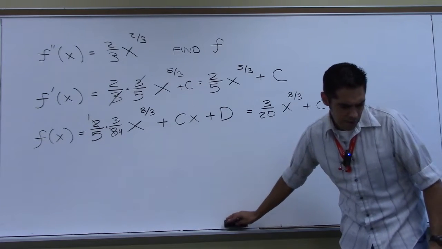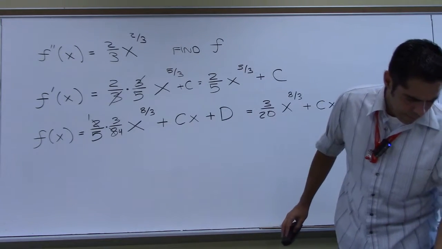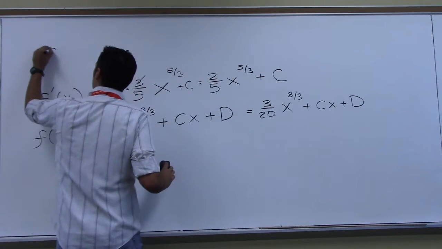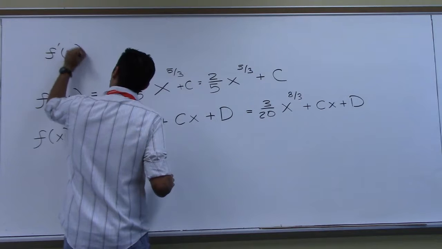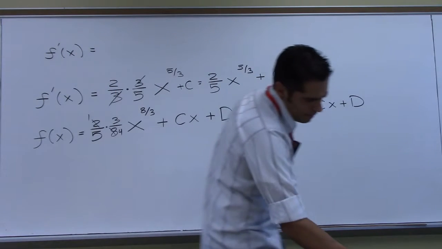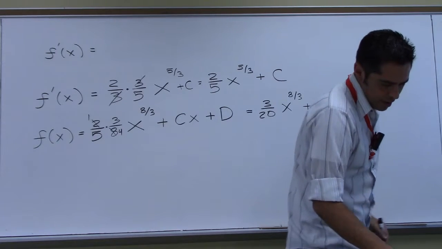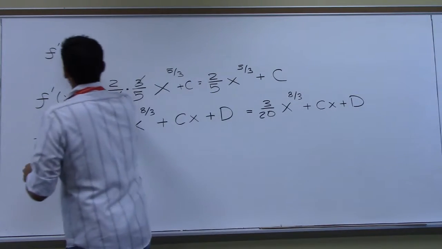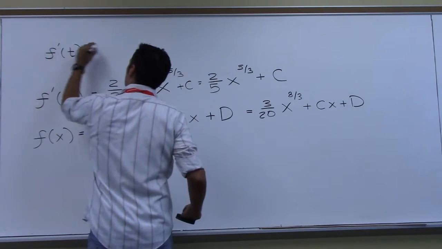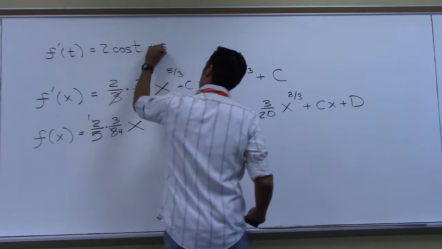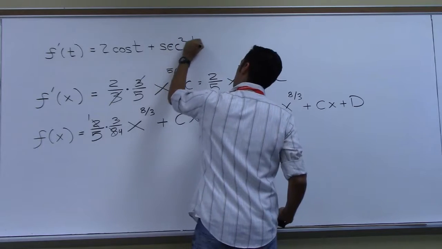Number 27. You're given that f prime of t equals 2 cosine t plus secant squared t.